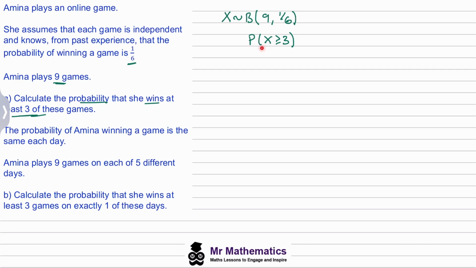I should also define this random variable X. So I've said that X is the random variable, the number of games won. So to work out X being greater than or equal to 3, well, this will be the same as 1 minus the probability of X being less than or equal to 2.